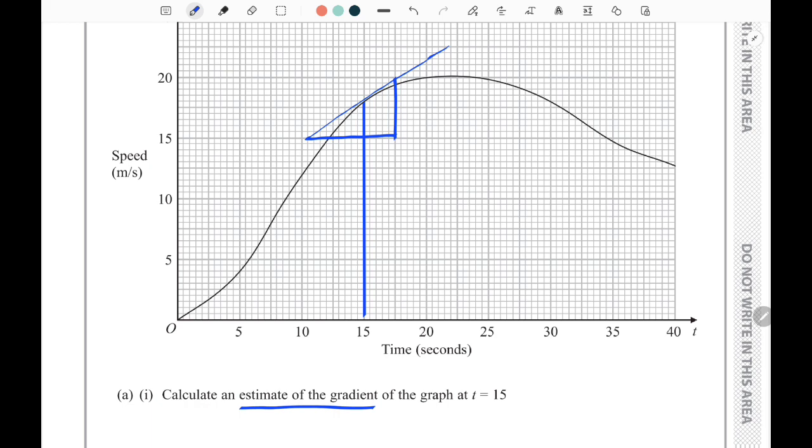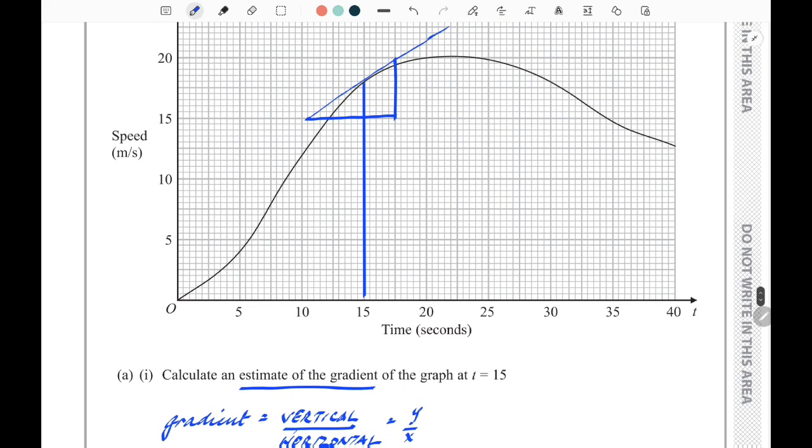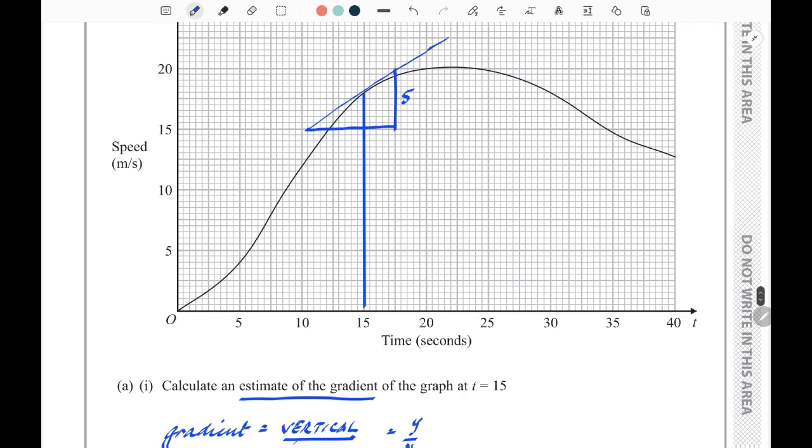And gradient, remember, is vertical difference over horizontal, which in your normal stuff is simply the difference in y over the difference in x. So the vertical bit here, we're going from 15 up to 25, according to my graph. And on the bottom here, the time, the horizontal, I don't know, 11, is that 11?